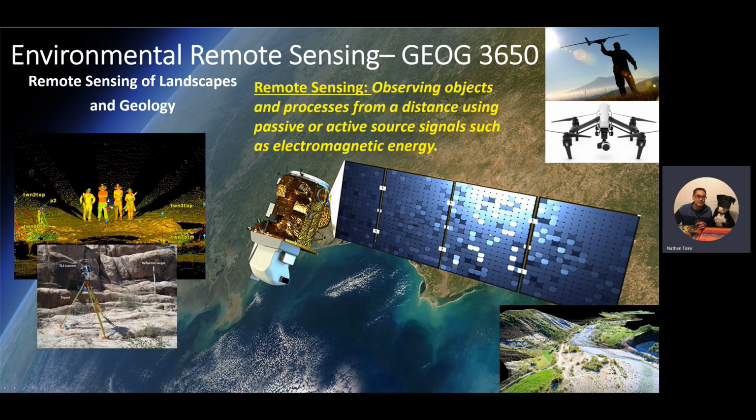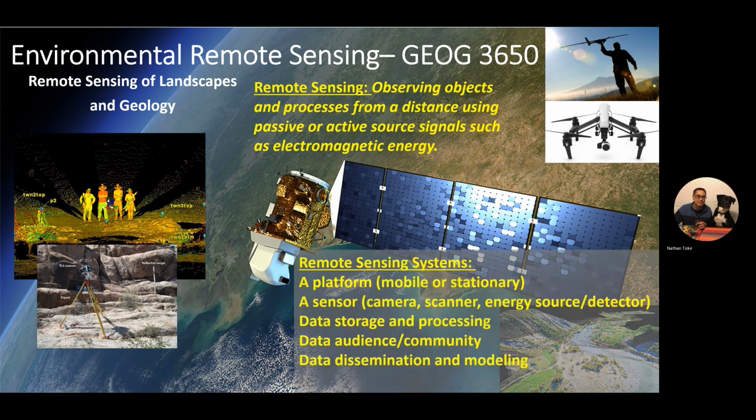So remote sensing, really simply, is observing objects and processes from a distance using either passive or active source signals, such as electromagnetic energy. Remote sensing systems consist of a platform, and that can be mobile or stationary, like the terrestrial LiDAR scanners, stationary, although you can move it from site to site. A mobile platform could be something that's moving as it's collecting the data.